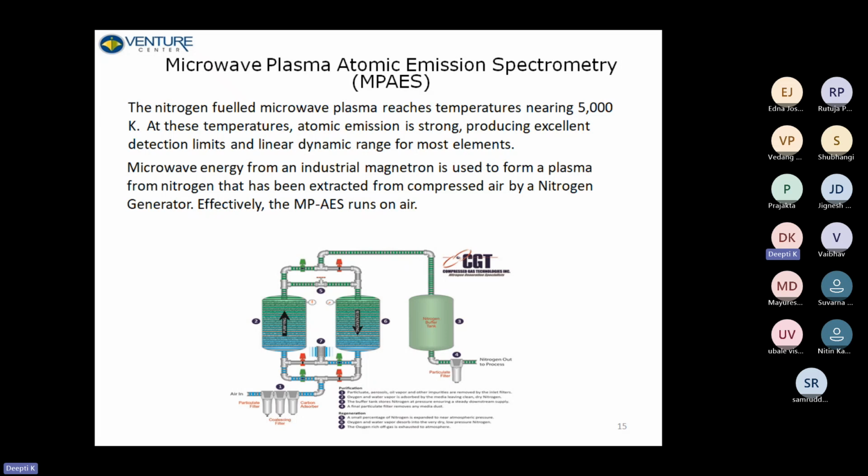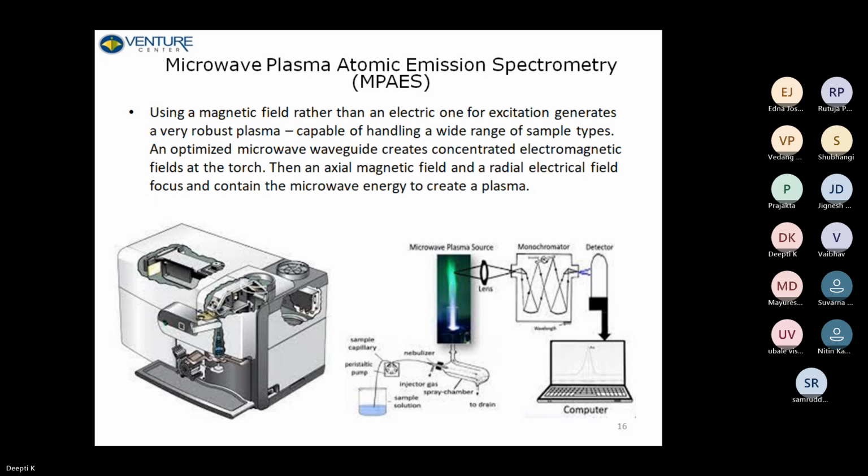So in fact, MPAES almost runs on air. Using a magnetic field rather than an electric one for excitation, a very robust plasma is created, which is capable of handling a wide range of sample types.